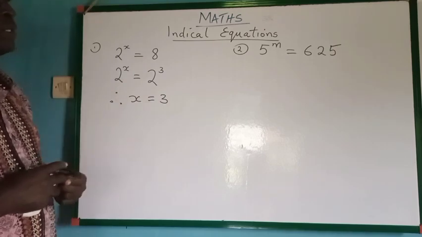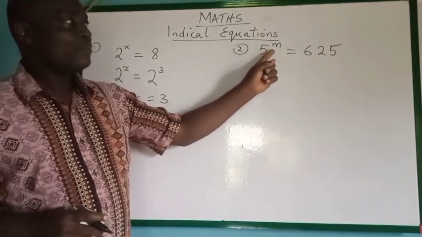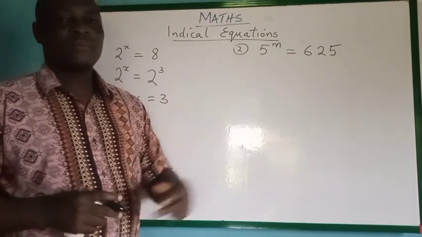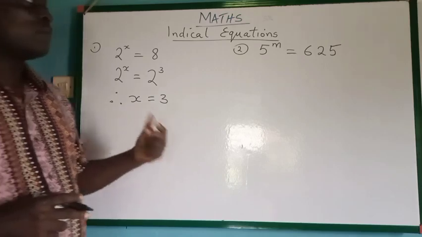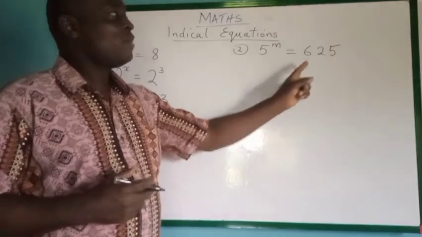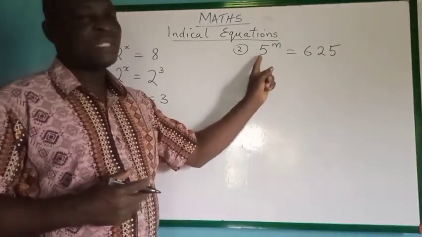Now look at the second question. It says 5 raised to power m is equal to 625. Like what I said in the first example that we just solved, we are going to look for a way to see if 625 can be expressed with 5 as the foundation number.